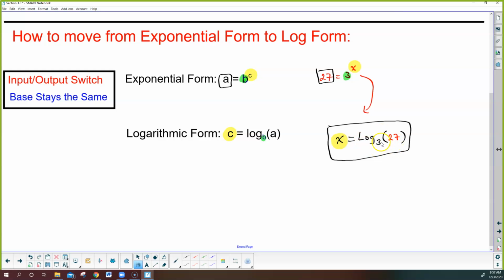And I believe that's Monday, Tuesday work. So our focus today is just, can we switch from exponential form into the log form? And all it is, is remembering whatever the base is stays the base. And then basically the exponent becomes the answer, and the answer becomes the input. We switched the output and input.